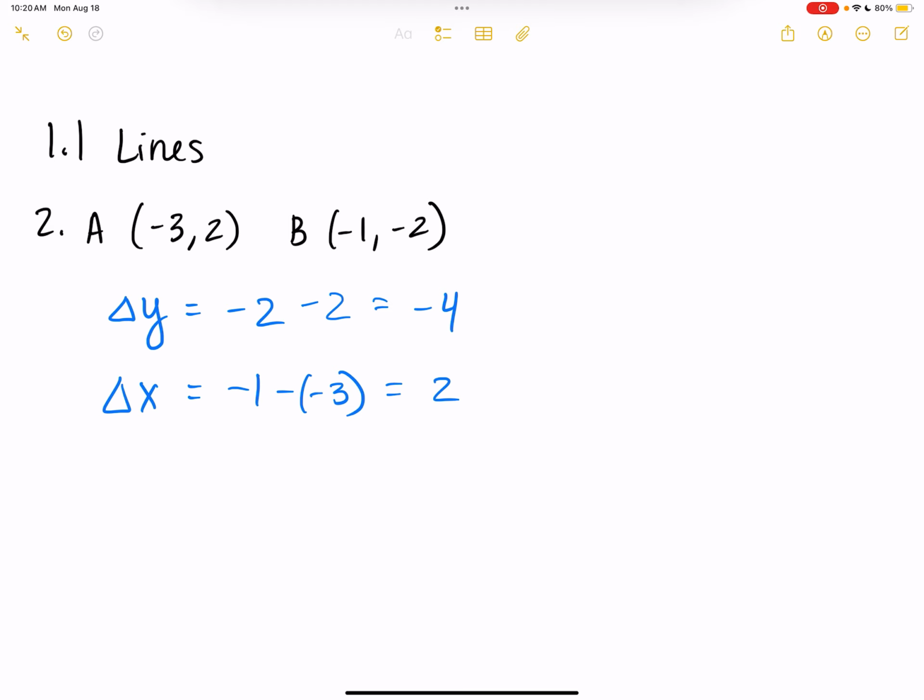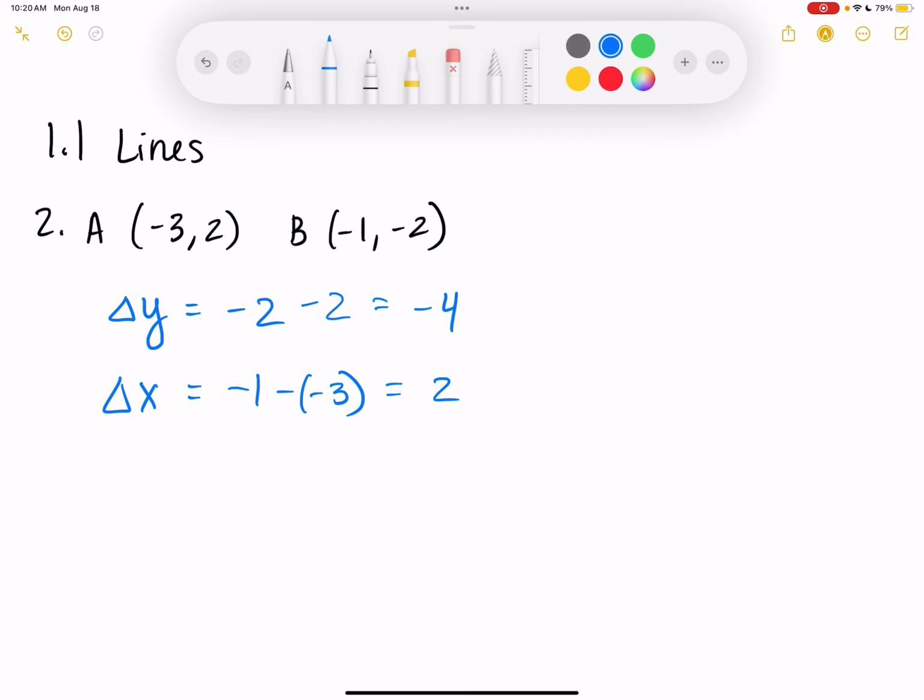The next section says, well, it has a few different things you're supposed to do. It says to plot the 2 points, find the slope, and then to draw the actual line between the 2 points. I trust by this point that you can do that, so all we're going to do is find the slope. So A is 1, 2, and B is 1, -3.